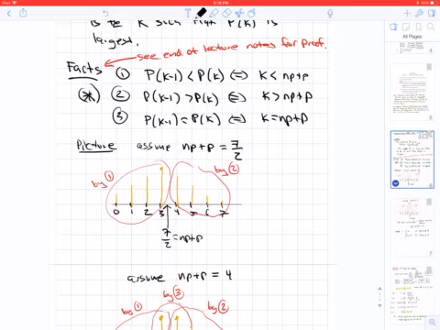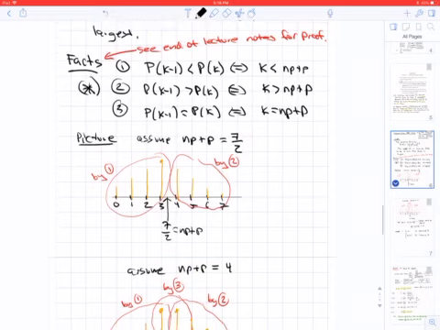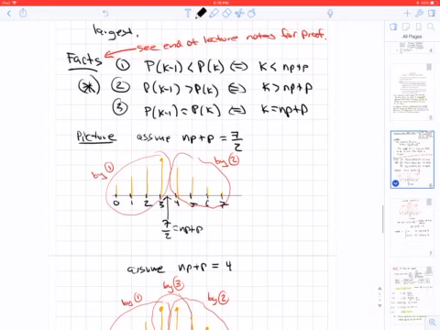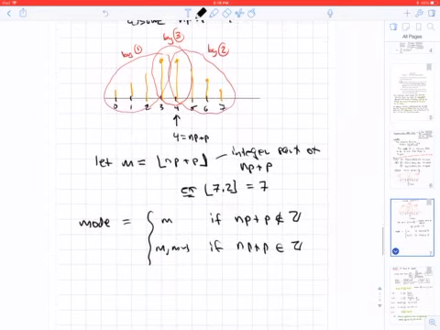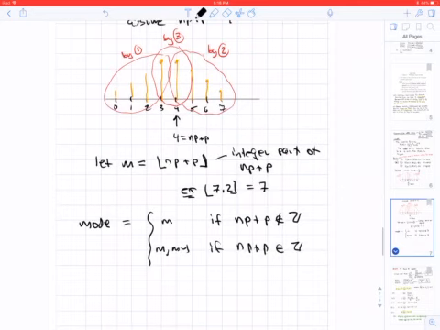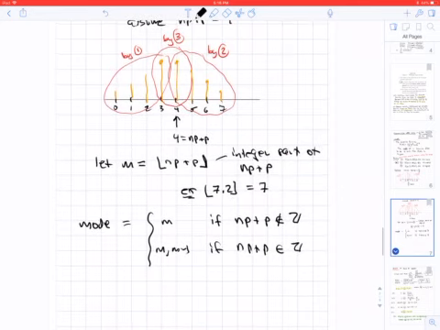So here, if it's a half integer, we have a single mode. So the single mode here is 3, right? So it should be the integer part of np plus p. So we say the mode is m, the integer part of np plus p.